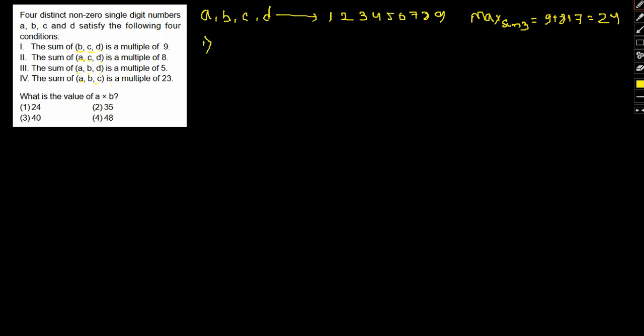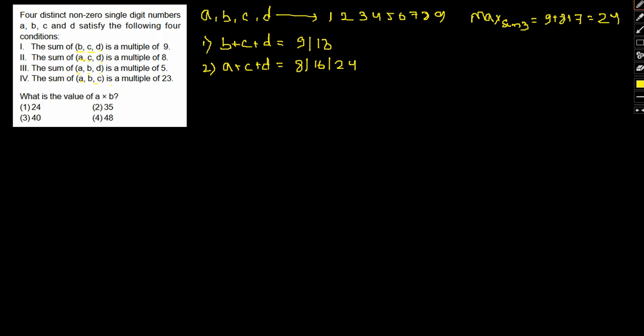So first condition: b plus c plus d is a multiple of 9. So therefore b plus c plus d can be either 9 or 18, because max is 24. So only these two. Next, a plus c plus d can be a multiple of 8, so that can be 8, 16, or it can be 24 as well.